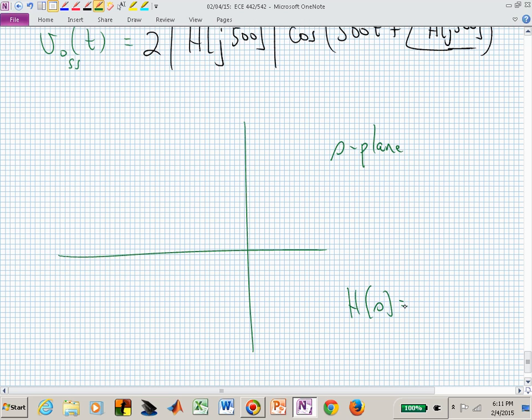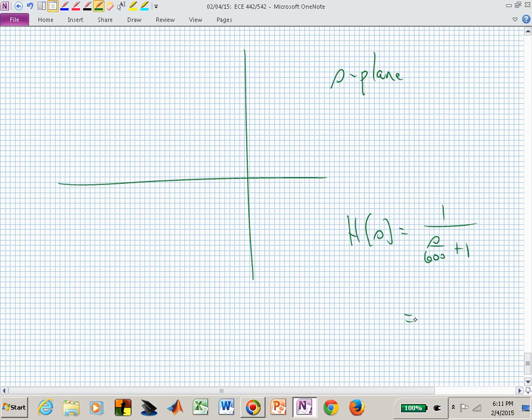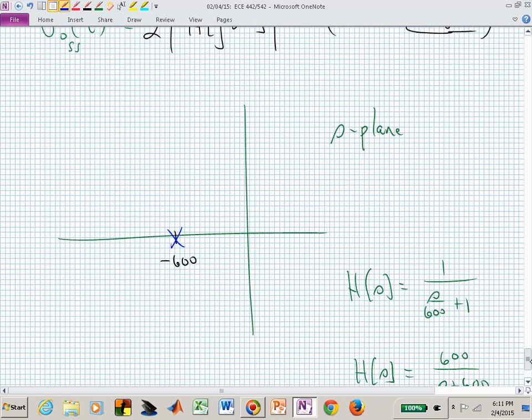Now we actually want the pole zero form of this, which says there's our pole zero diagram of this filter.